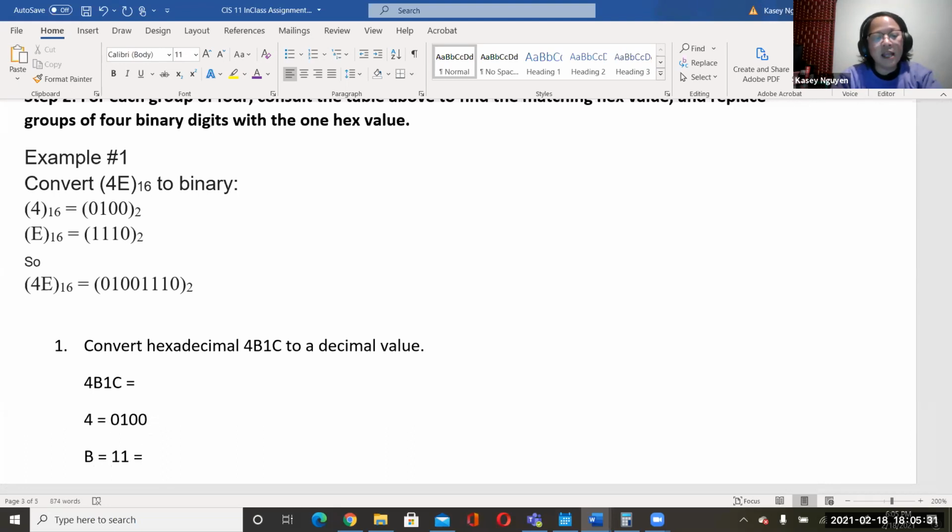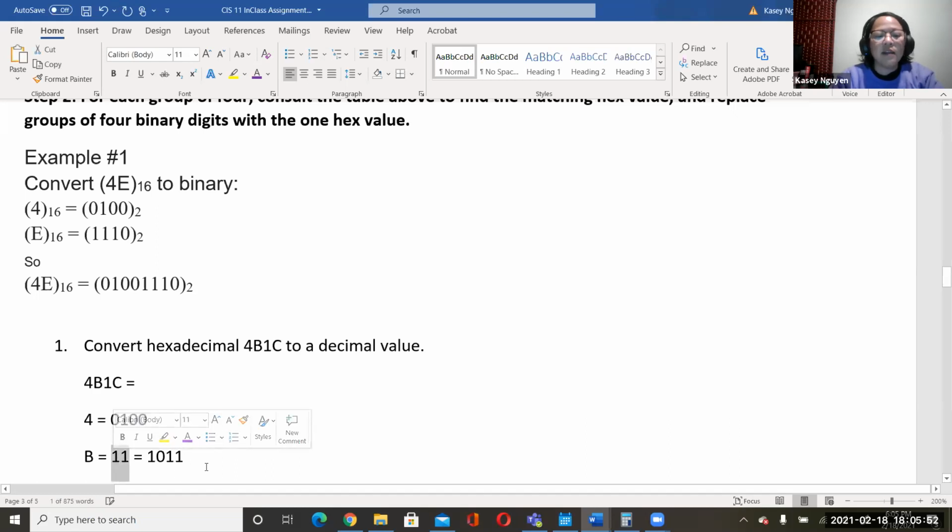But if you wanted to show this in binary, that will be 8 plus 1 plus 2, so that will be 1, 0, 1, 1. I'm simply using the addition method to convert that after we find the 11 in the scale for decimal equivalent to hexadecimal.